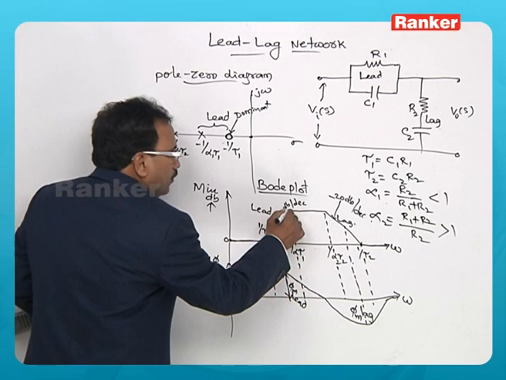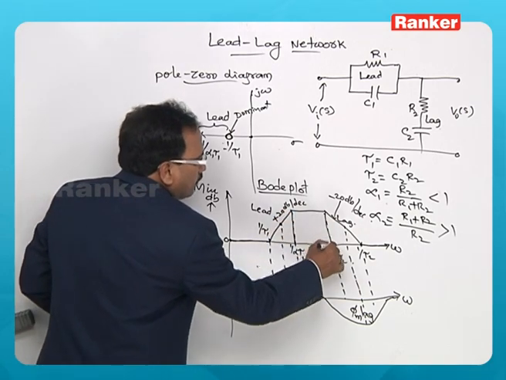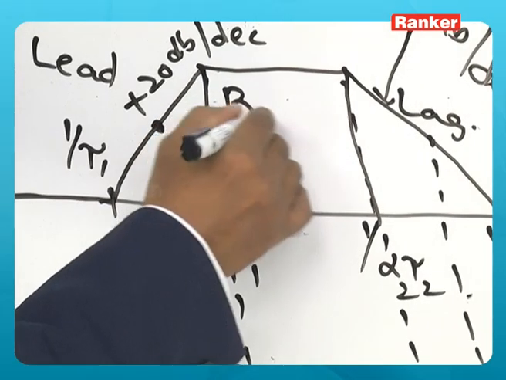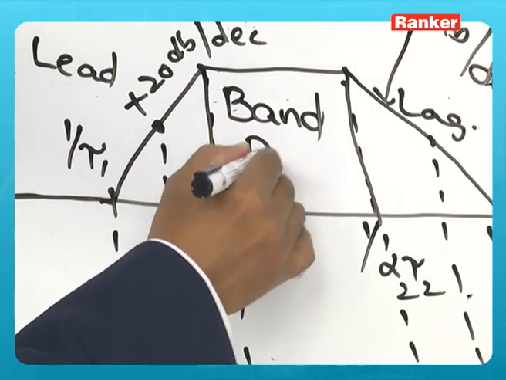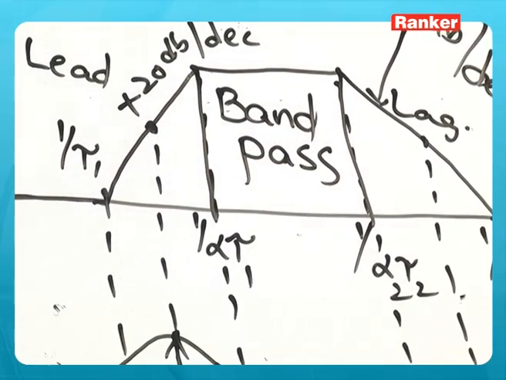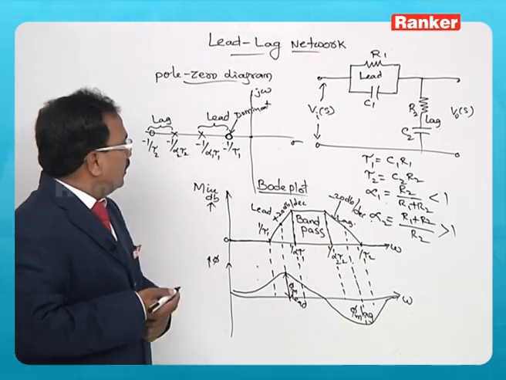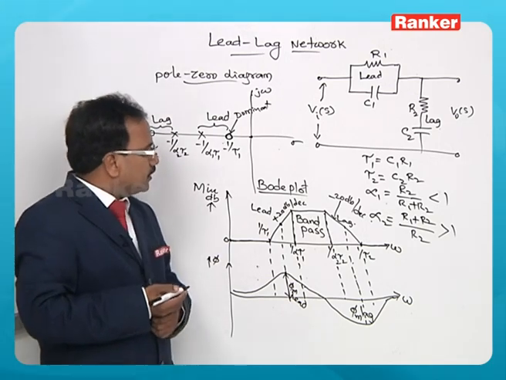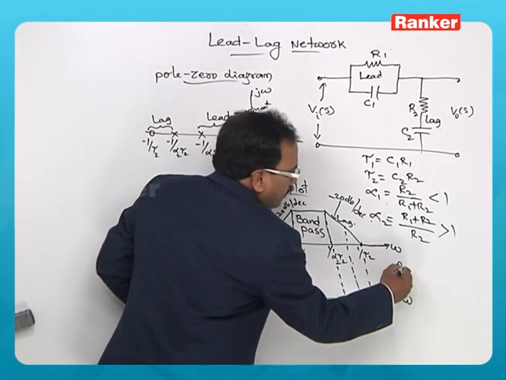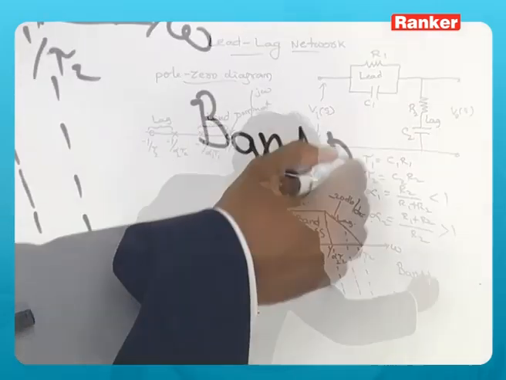So this portion of the magnitude plot, we can say that this is a band pass filter. Unlike lag lead, which is a band stop, this lead lag network is a band pass filter.